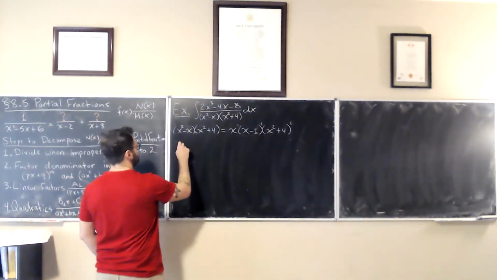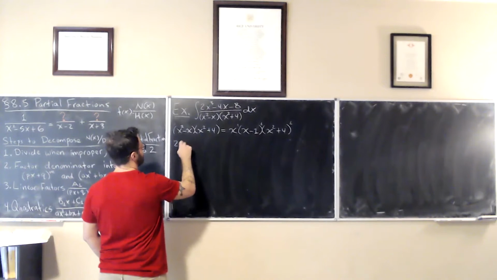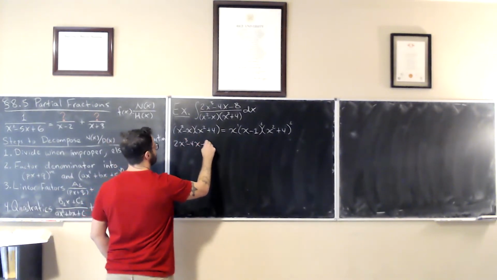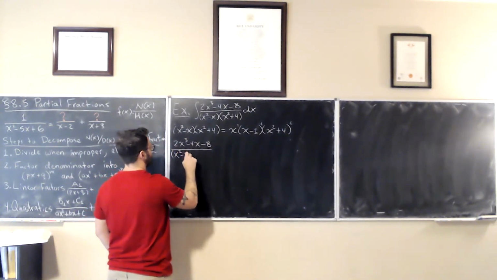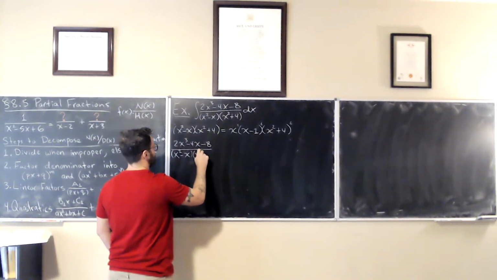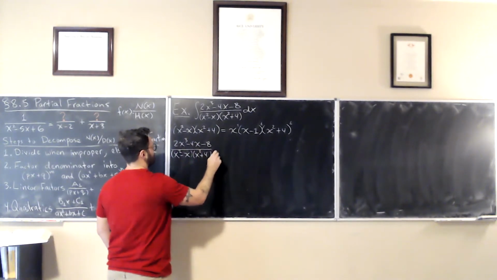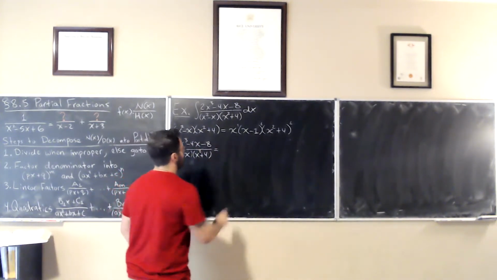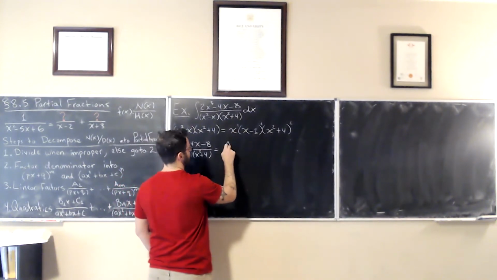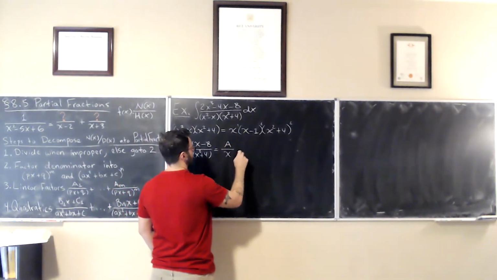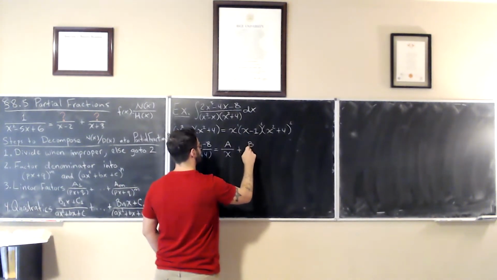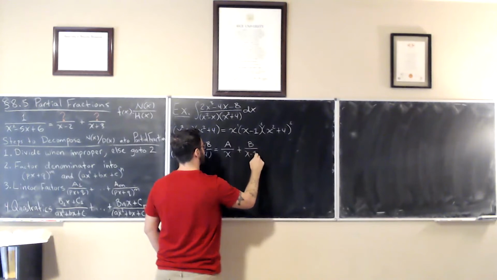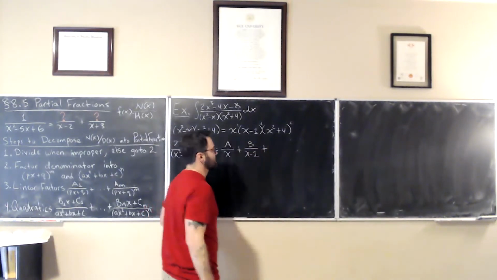So then if we write out the whole expression, we're going to have a variable for that factor, a variable for that factor, that linear factor, and then we're going to have 2 variables for the quadratic factor.